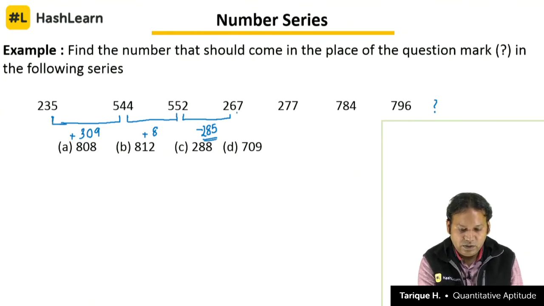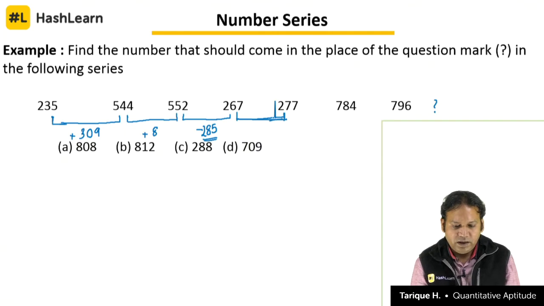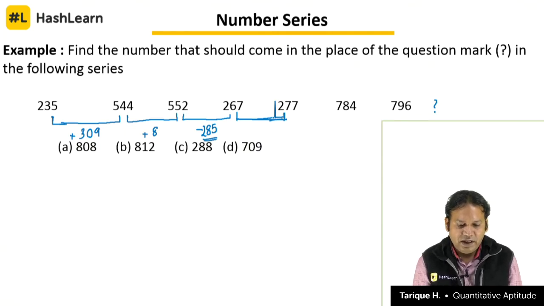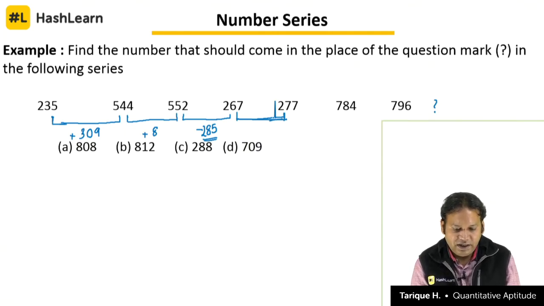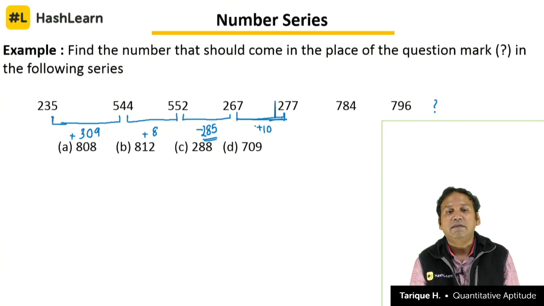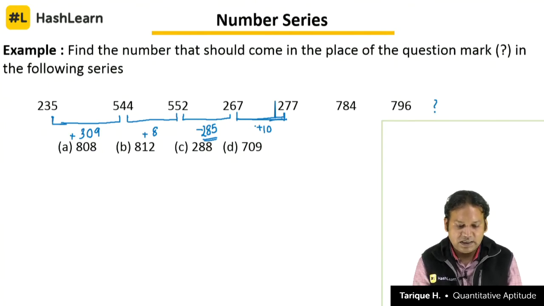And then 267 to 277. What is this difference? We are increasing by 10, plus 10. We find the differences to see if there is any logic that can be obtained by just looking at them.